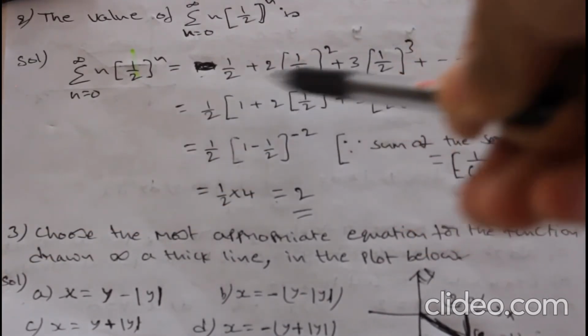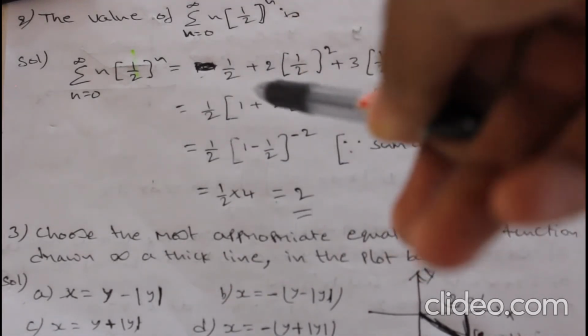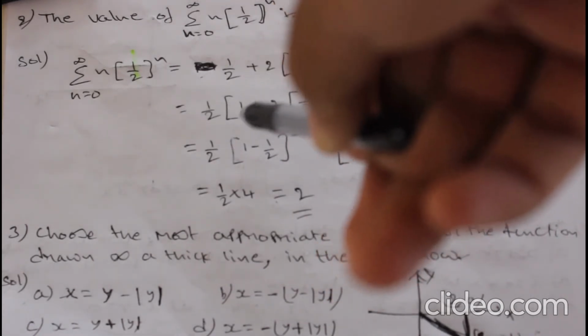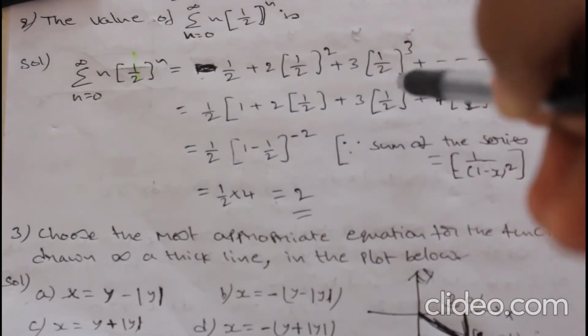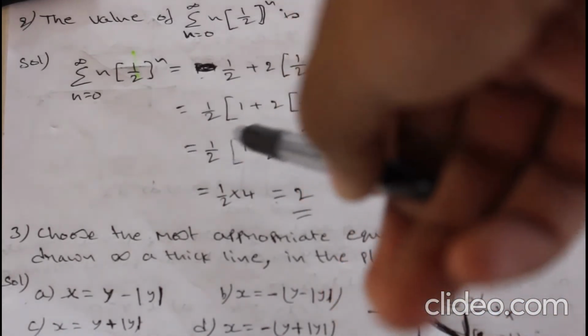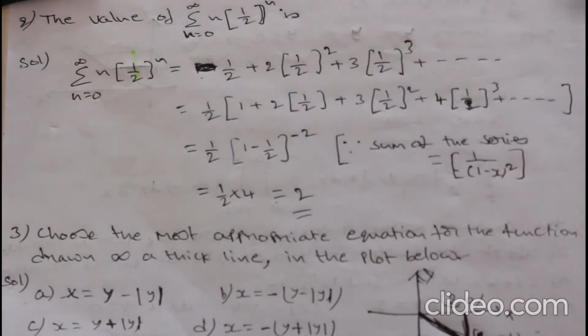Okay, look at the series, friends. Here we can bring out the 1/2 as common. Everywhere 1/2 is there. So if you bring out 1/2, that will be 1 plus 2 into 1/2 plus 3 into (1/2)^2 plus 4 into (1/2)^3 and so on. After looking into the series, it is 1 plus 2x plus 3x^2 plus 4x^3 and so on.